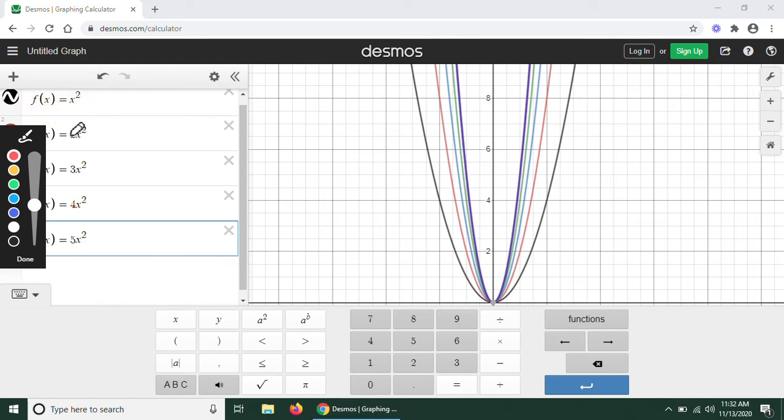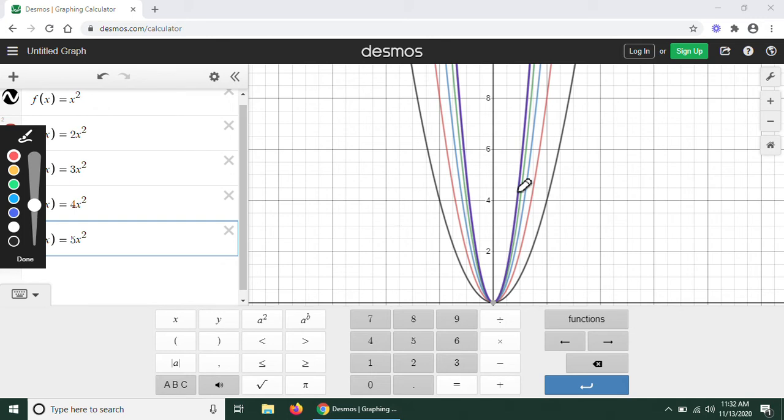Now notice as the number on the outside increases, the original graph, which is the black graph, gets thinner and thinner and thinner.